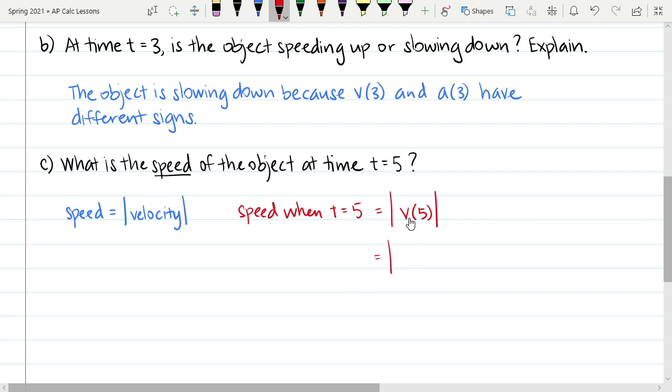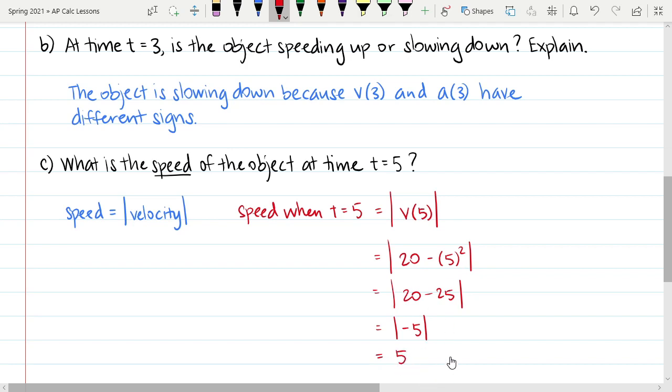So remember, v of 5 is going to be 20 minus 5 squared. That's going to be 20 minus 25. That's going to be the absolute value of negative 5, which just gives us positive 5.